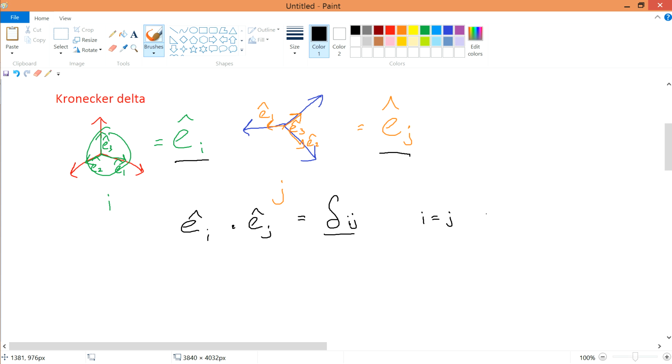When i is equal to j, delta ij is equal to 1. If i is not equal to j, then delta ij is equal to 0.